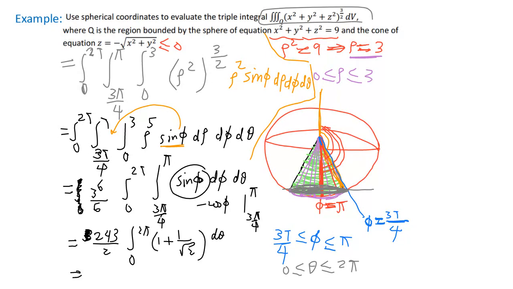And the final answer is just multiplied by 2 pi. 243 times pi, the whole thing multiplied by 1 plus 1 over radical 2.